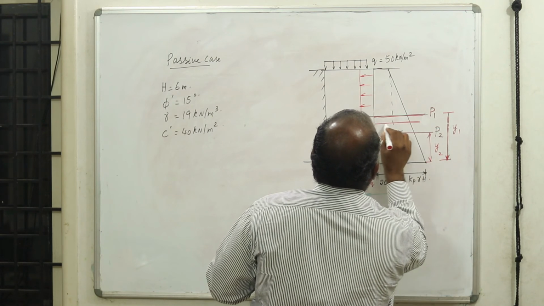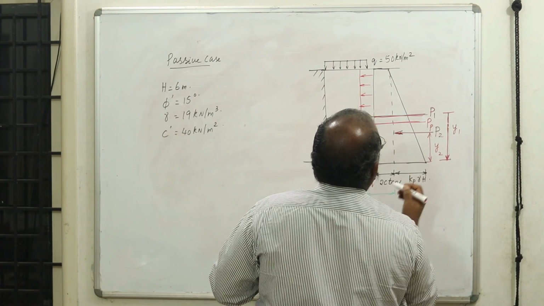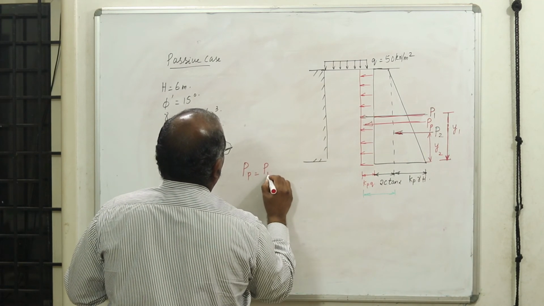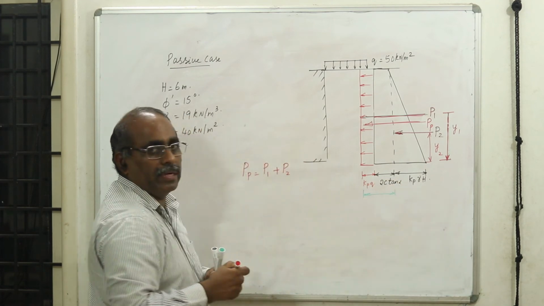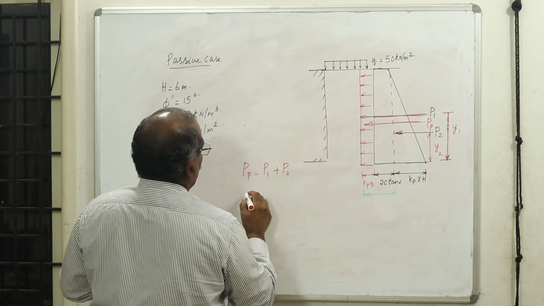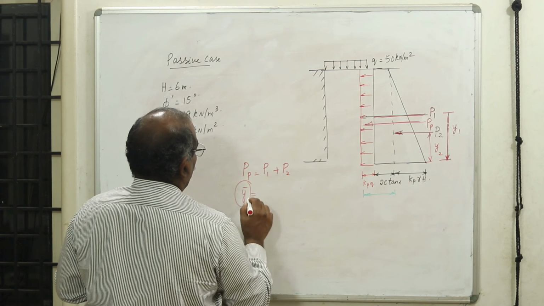I can find out the resultant thrust PP. PP is equal to P1 plus P2. Since I know all these values, I can quantify it and find out the total thrust. I can also find out the action of Y from the base.